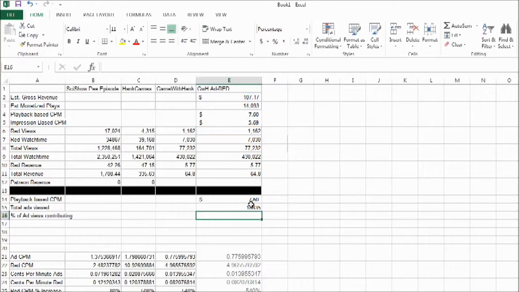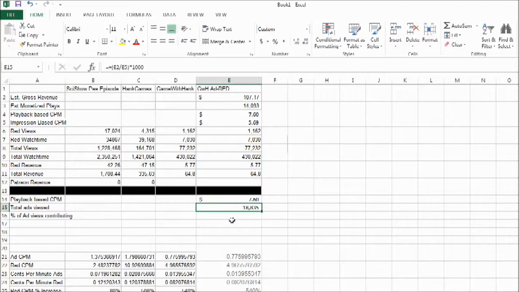And then we can see that there were 18,835-ish ads that were seen in the past 28 days on your channel. So I don't really know what this really means. That's just kind of a nice number to see and to understand how they come up with impression-based CPM.